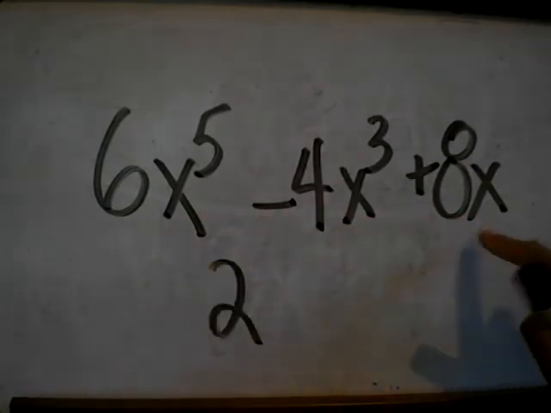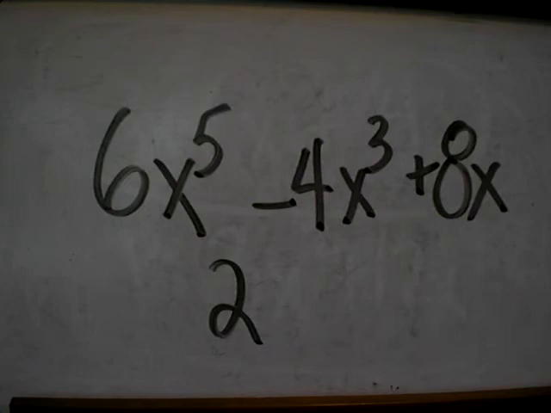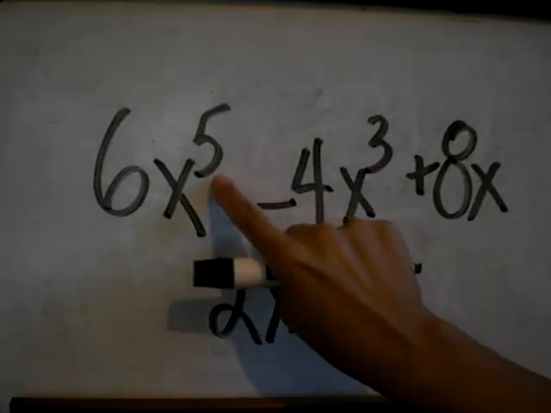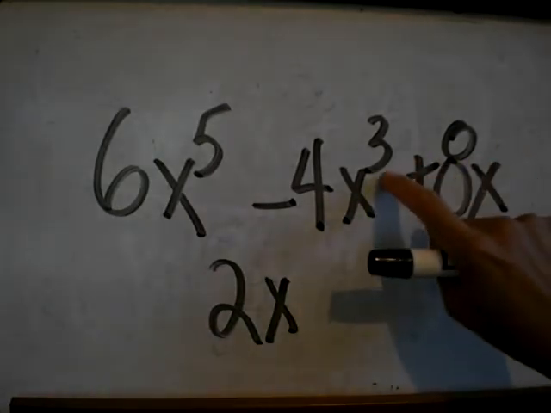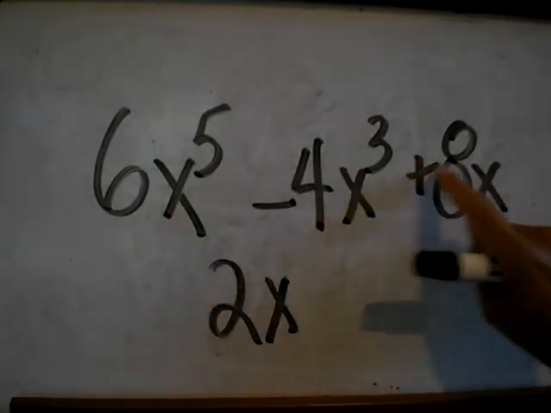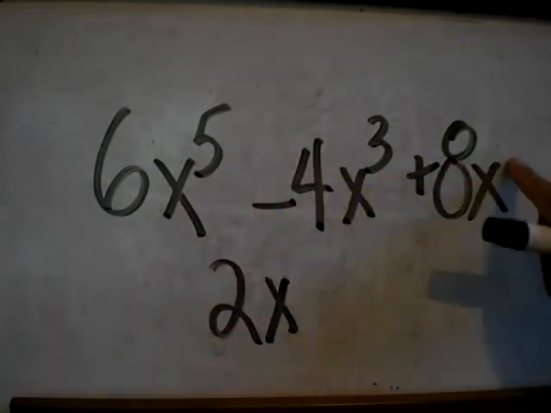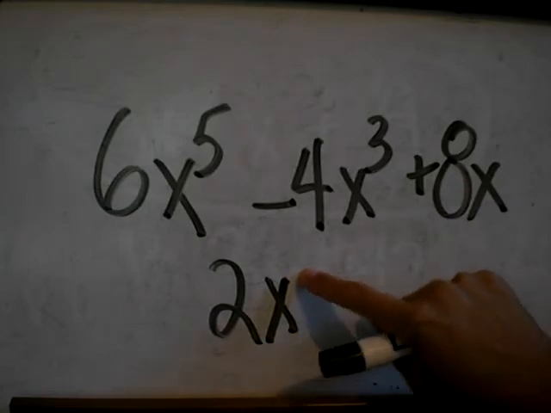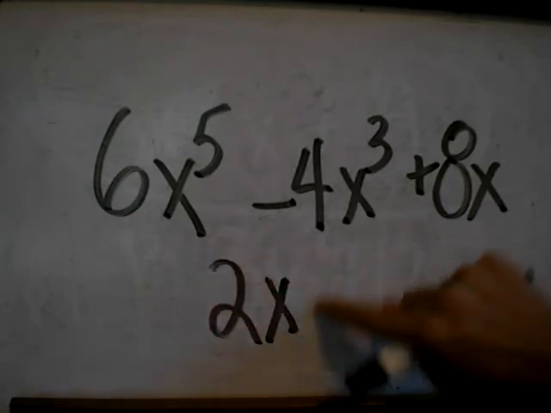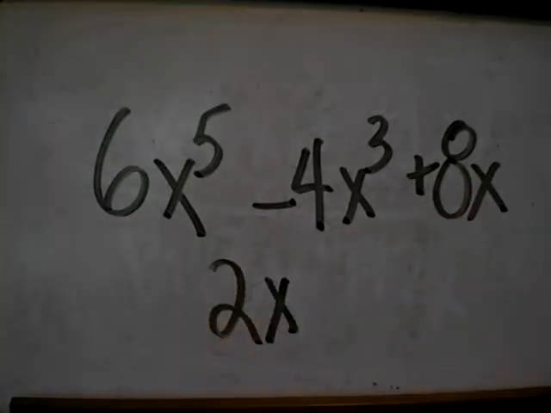We want to keep the x, but take the smallest exponent. We have a 5, a 3, and a 1, so we're going to take the 1, though we don't really need to write that 1 in. So 2x is the greatest monomial factor.